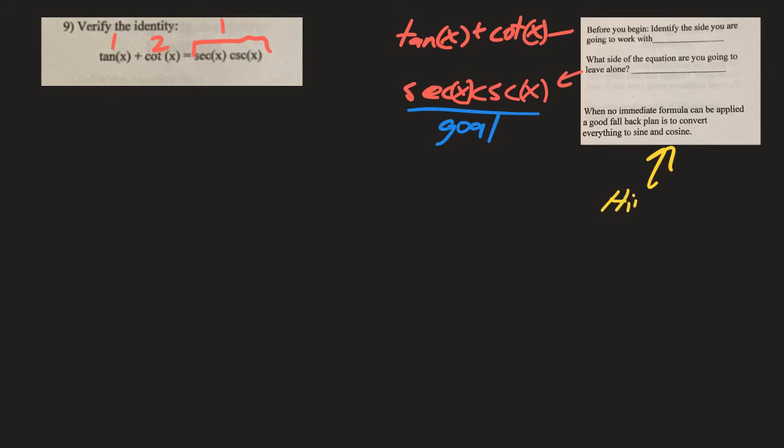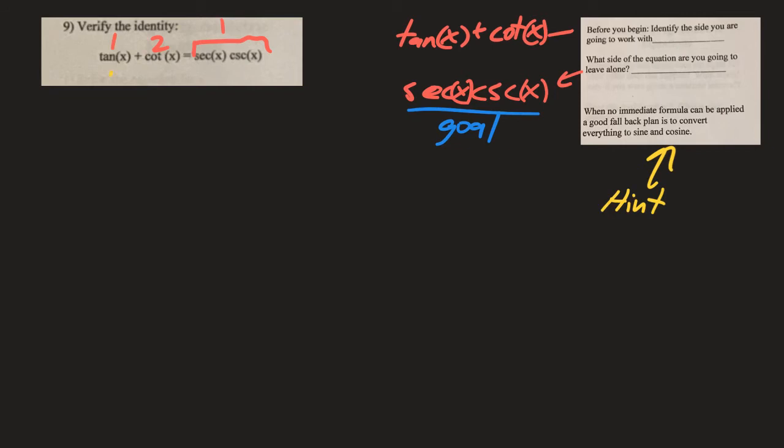And the hint mentions we can go ahead and turn everything into sines and cosines. So sine and cosine are kind of the building blocks for all of the trig functions and their identities. So imagine this as trying to break everything down into the smallest pieces and then rebuild it from the ground up. Okay, now this can be kind of messy. It's a little bit brute force, but it will work for us in this case.